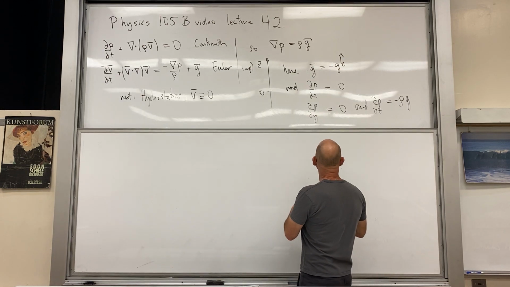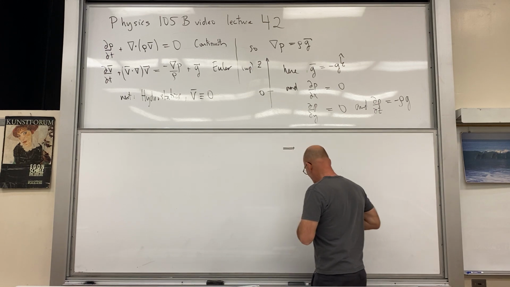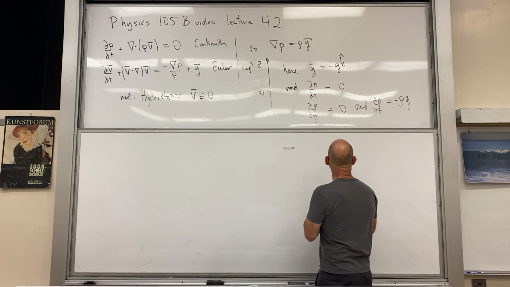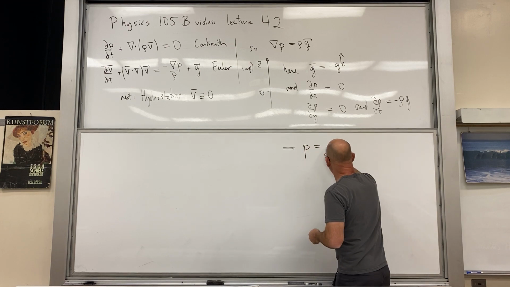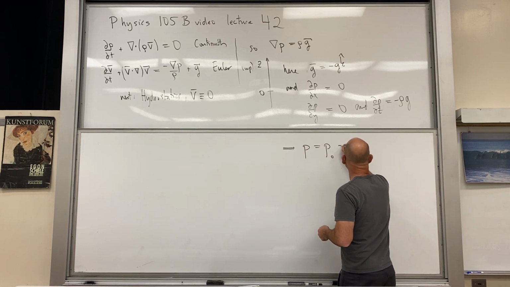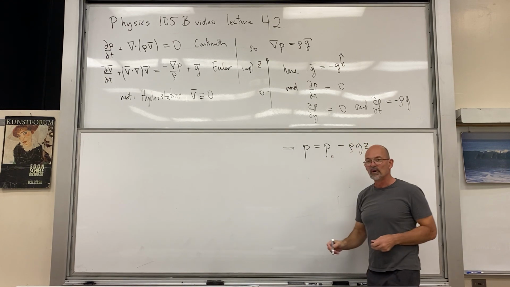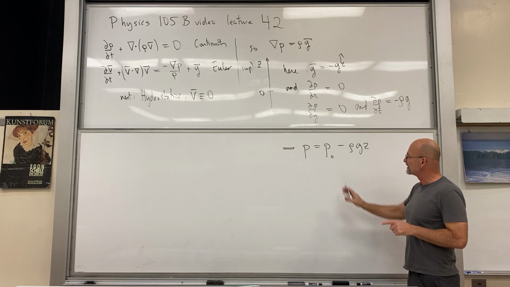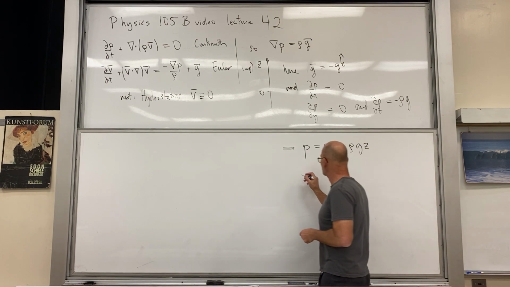So continuing right under here, that means P is equal to some constant minus rho g z, z being up, so z negative going down. Okay, that's the famous pressure versus depth formula.